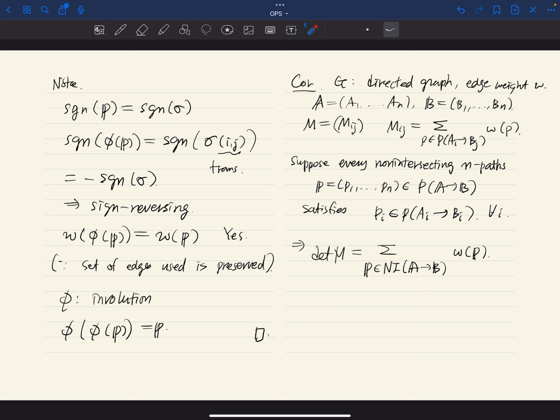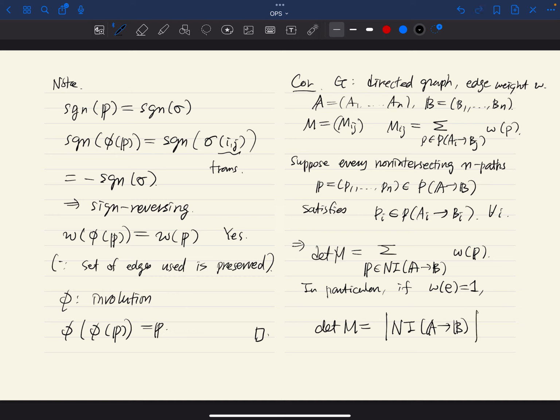All right. And of course, in particular, if the weight is always 1, then the determinant is just the number of non-intersecting lattice paths from A's to B's, where A_i always goes to B_i.